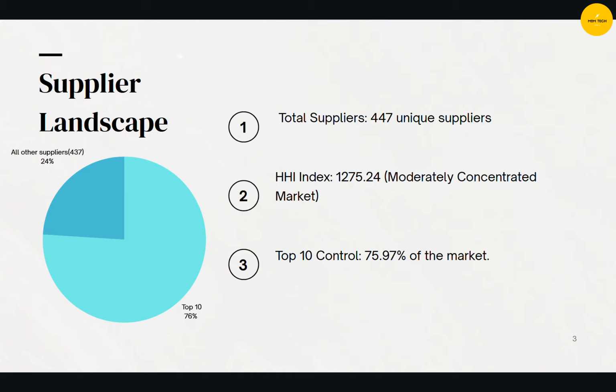To understand the supply concentration, we also calculated the HHI index, an index that ranges from 0 to 10,000 and shows market concentration. The HHI index that we got here, 1275, represents a moderately concentrated market. But at the same time, this also presents an opportunity to engage strategically with these major suppliers.